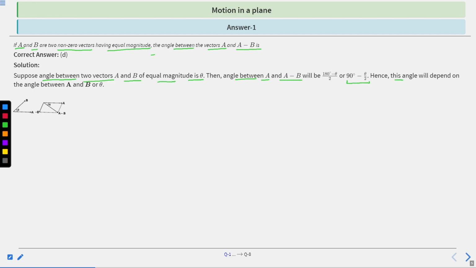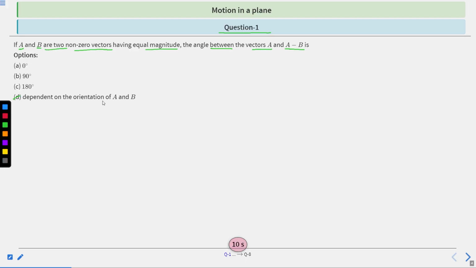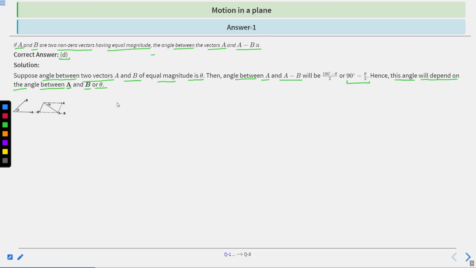Hence, this angle will depend on the angle between A and B, or theta. So option D is correct, dependent on the orientation of A and B. This is the solution of the first question.